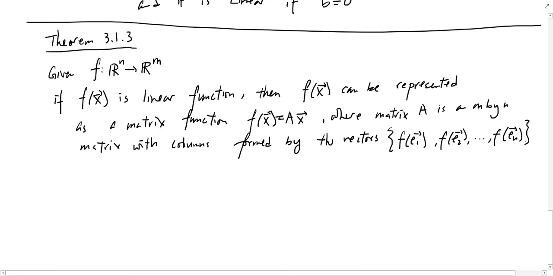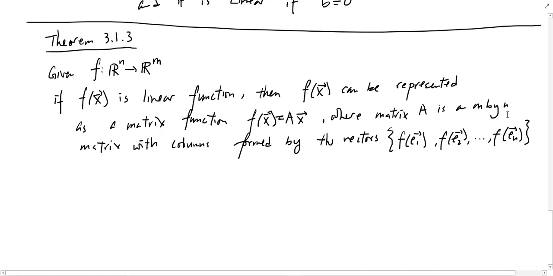You may not remember what those vectors are, and we'll talk about it in a little bit, but the first thing I want to point out is this. Right here, A is a very specific matrix with a very specific dimension that represents the function f. Notice the function f maps from Rn to Rm, and the matrix A is actually m by n.